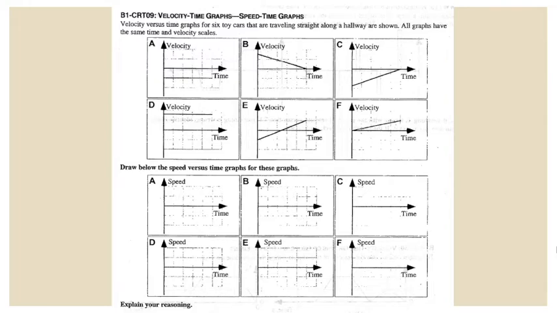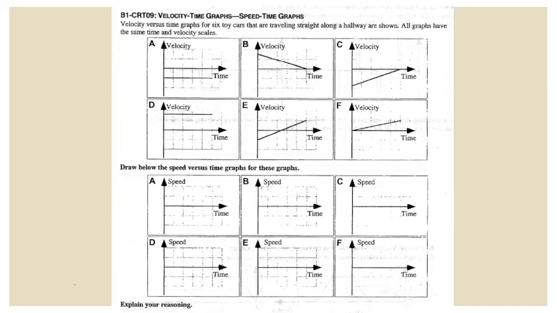That means that because velocity is a vector, it carries directional information, while speed is a scalar, so it does not. So velocity has directional information, speed doesn't.